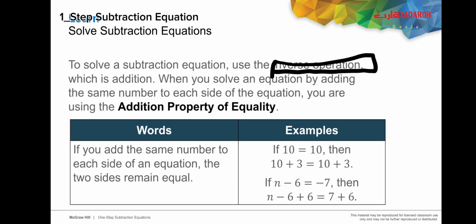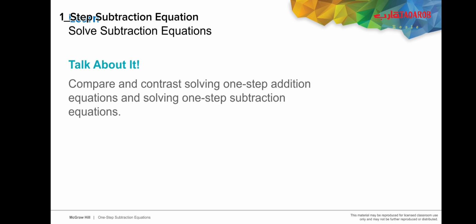Negative 6 plus 6 gives me 0, and this is how I isolate n. Then I add 6 to negative 7, which equals 1, right?